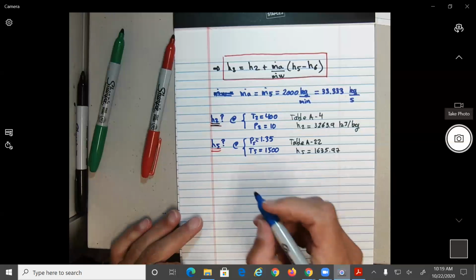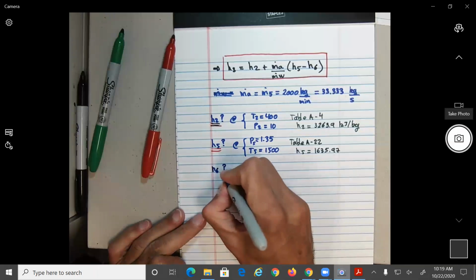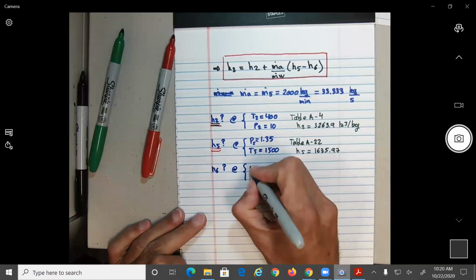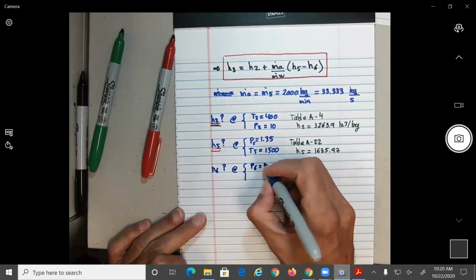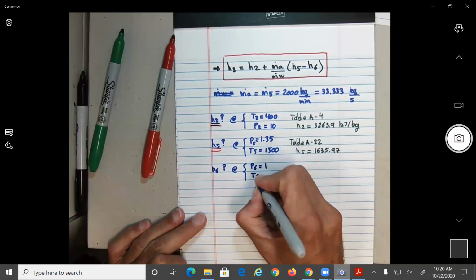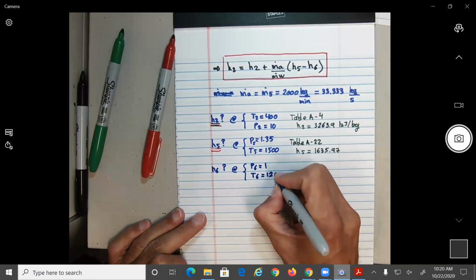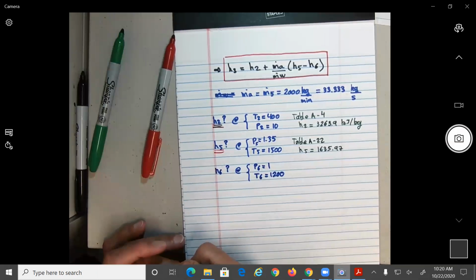Okay, and we do the same thing for H6. So at H6, we know P6 equal to 1, T6 equal to 1200.